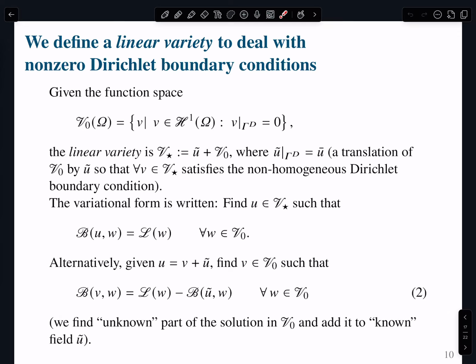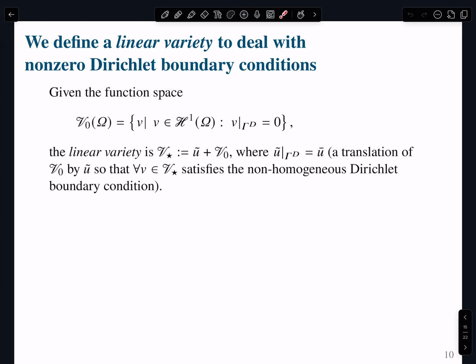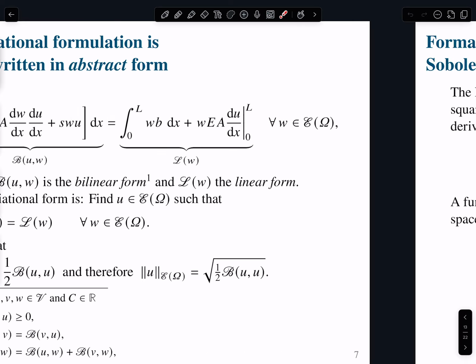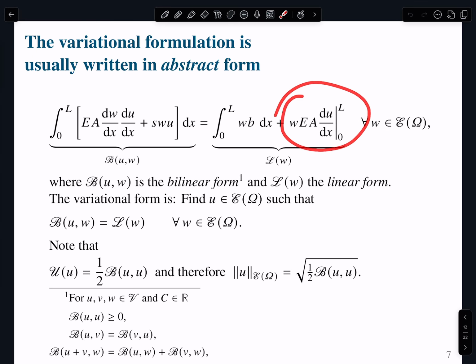And there is another thing that you probably realized already. The fact that I'm enforcing that this function is equal to 0 along the boundary with Dirichlet boundary condition, right? What is essentially going to happen? If I look at my variational form and I look at this term, if I'm basically saying that this is going to be equal to 0 where we apply the Dirichlet boundary condition, what is happening?